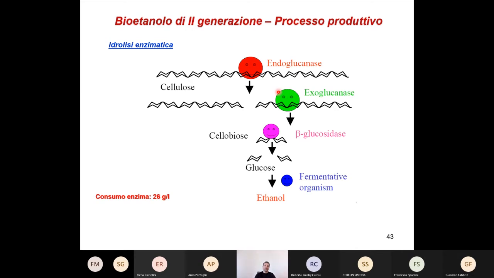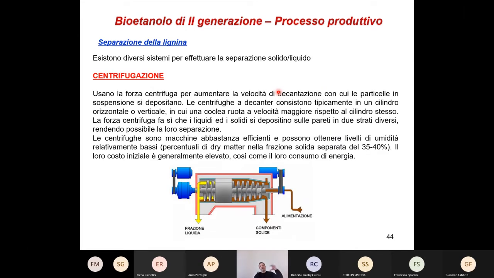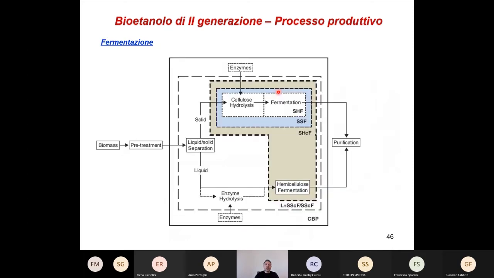Then there are other elements, other reactors, for example, for the separation of lignin, and I said to you that lignin is a co-product. You have to separate it to use in other pathways, filtering and so on. This is another very important picture that shows the possibilities developed during several research efforts in all the countries.